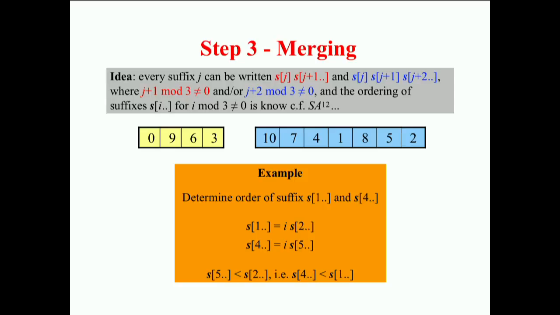But in the end, if I put a triple or a pair, depending on the case: if I'm comparing the i mod 3 equals 1 case, my key to compare is a pair. If I'm doing the i mod 3 equals 2 case, I'm comparing triples. So meaning that either this red case or the blue case happens.